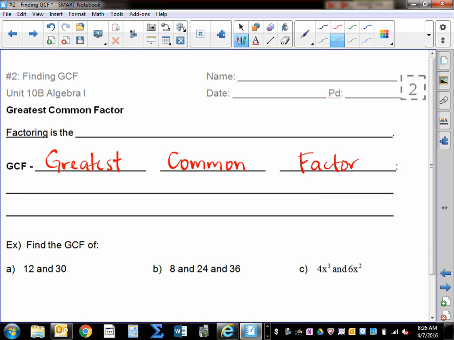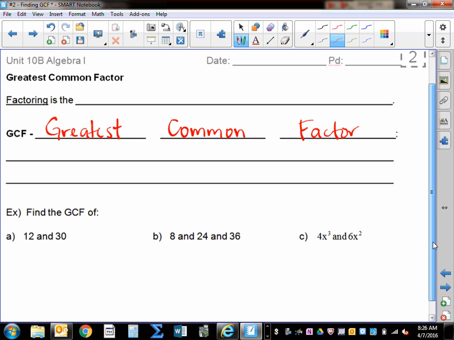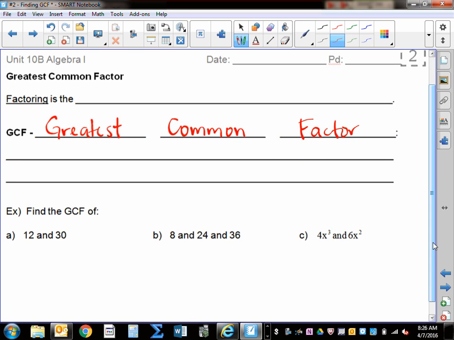And again, we talked about this last class, but the greatest common factor is basically the largest factor that both numbers have. So the largest factor of both numbers.